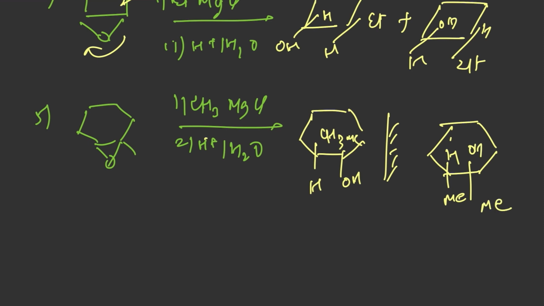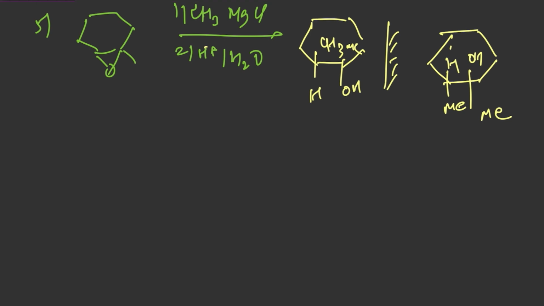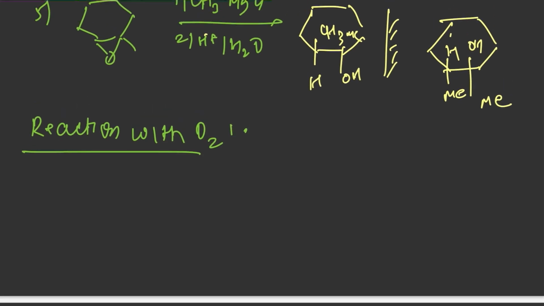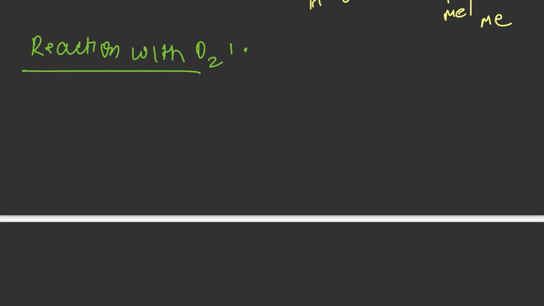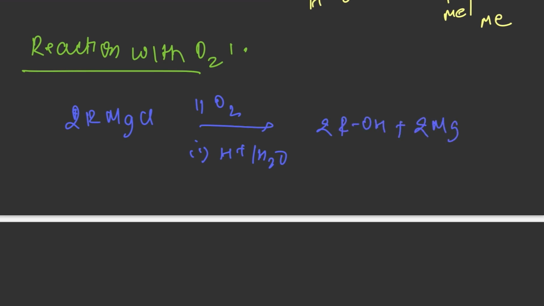Now let's look at one more problem, the reaction with oxygen. How does Grignard reagent react with oxygen? So we have 2RMgCl reacting with first oxygen, second H+/H2O. It will form 2ROH plus 2MgCl and OH. What mechanism does it follow?